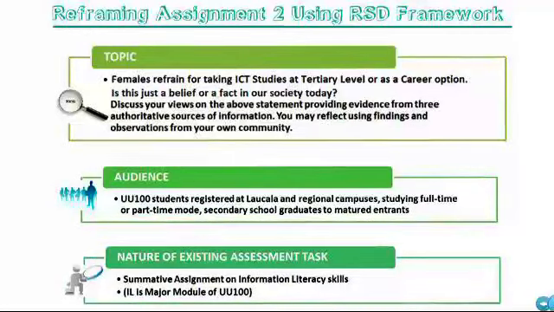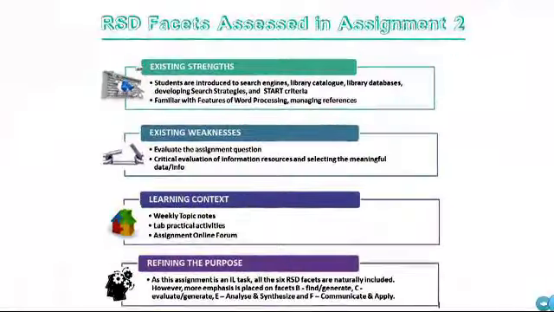Then the nature of our assessment was a summative assessment, so we believe that we could test a lot of RSD components within this particular framework. We realized the existing strengths of the student. We didn't want to change the content. We already taught them certain topics, and we know their weaknesses.